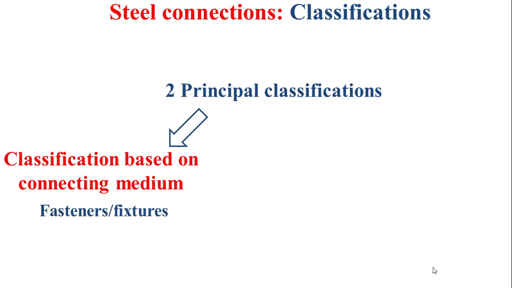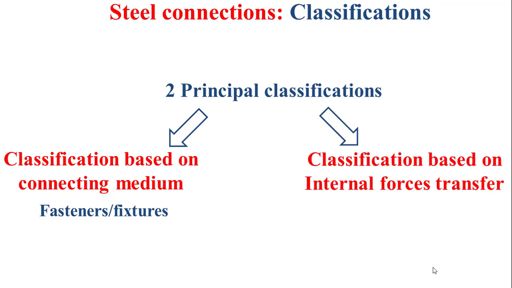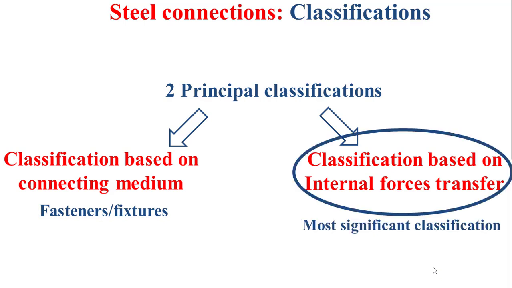And when I talk about the connecting medium, I mean fasteners and fixtures. And also we have the classification based on internal forces transfer. And in my opinion, this is the most significant classification.